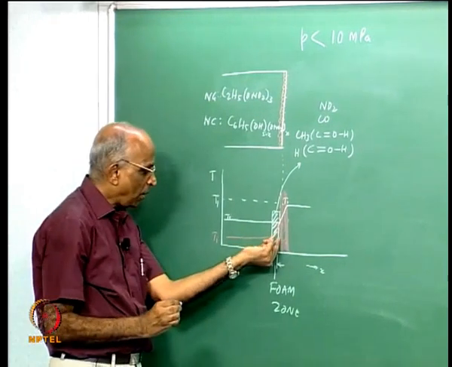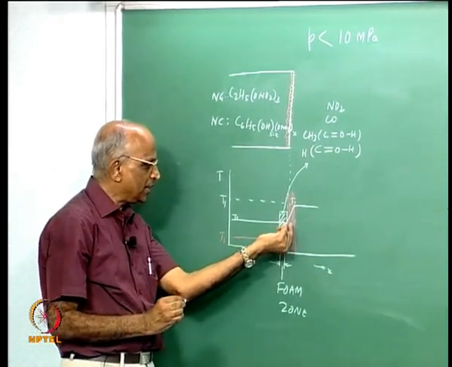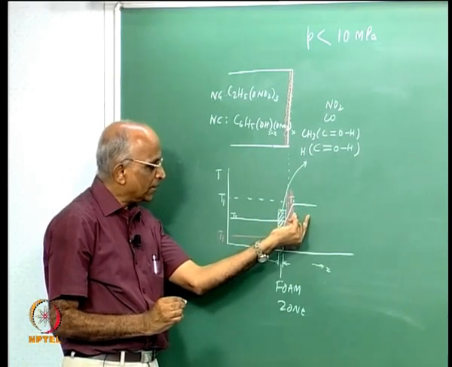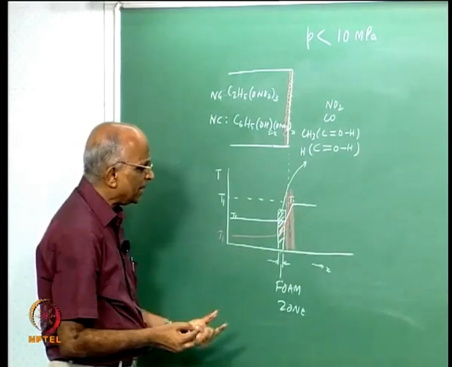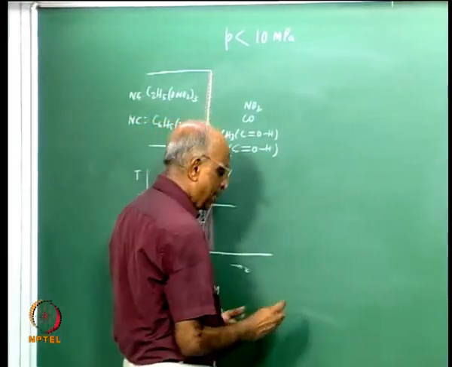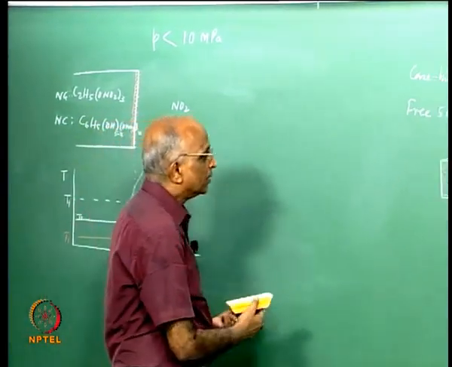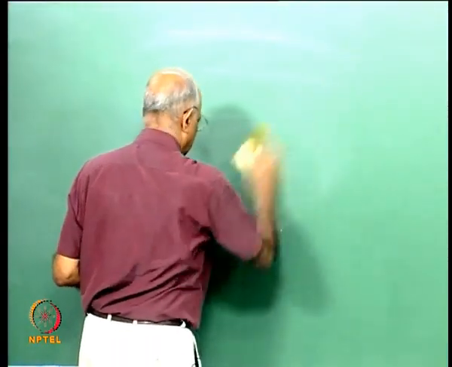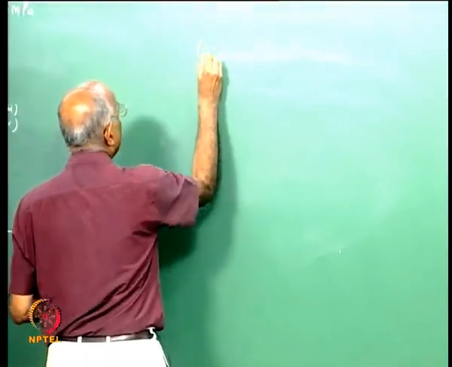That means hot gases are generated, it reacts, increases the temperature from the surface temperature to T1, and thereafter the gases are still reacting. And what are the reactions which could take place? The reactions which could take place are something like CO, which is formed here.